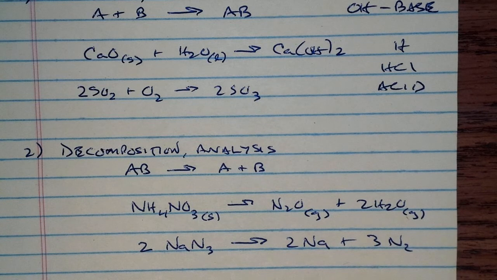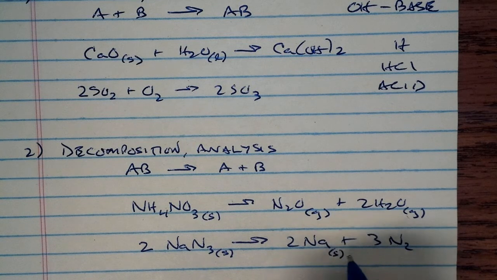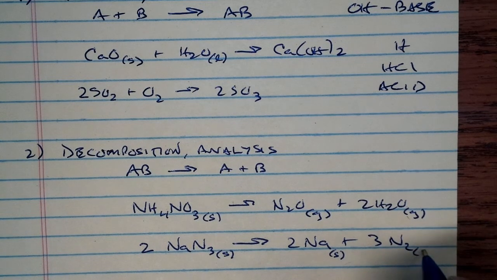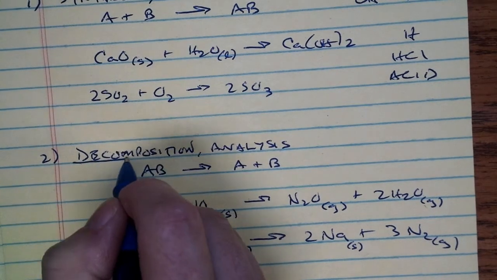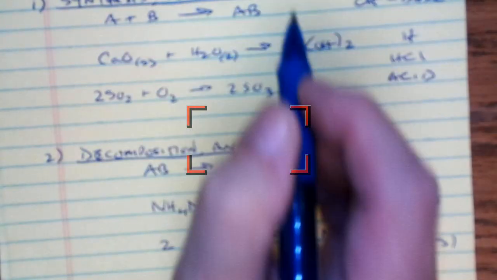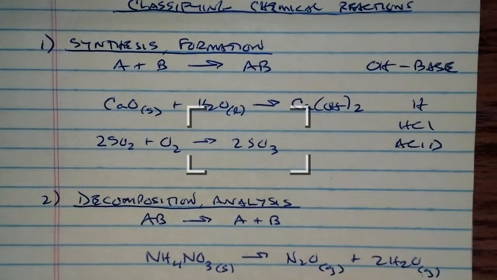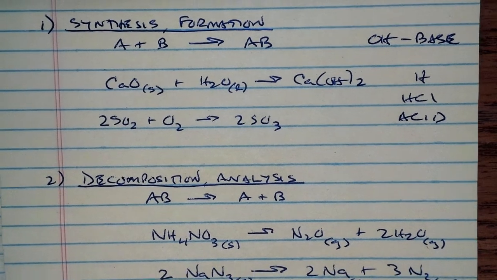Is it a gas, solid, or? Okay, it's a solid, sodium azide, and this sodium is a solid, of course, which you guys just got through playing with in the lab. 2, 2, and 3, and of course nitrogen is a gas. So that's decomposition. Now let's go to a third kind.